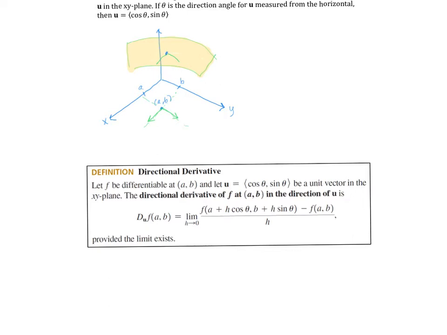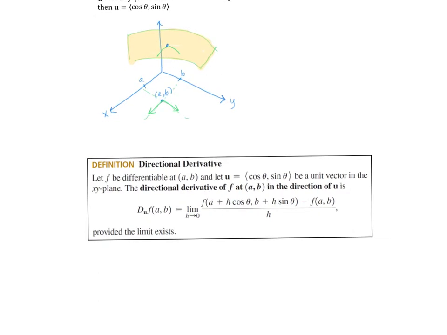Something else that may be important is whether there is no rate of change. And these critical values might not happen when we go in directions parallel to the x or the y axis. It may happen for some random direction.